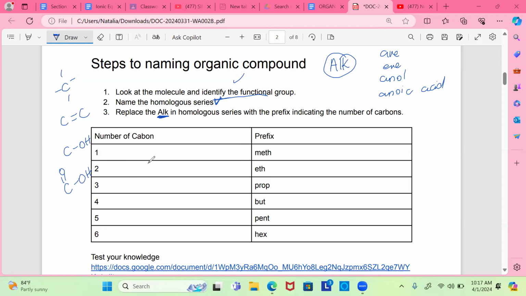If we have 2 carbon, it's eth. 3 carbon, prop. 4 carbon, we use the prefix but. 5 carbon, pent. 6 carbon, hex. Any question? No question? I'll give you a minute to take this off, and then we are going to name some organic compounds.